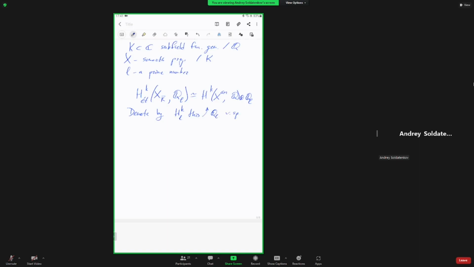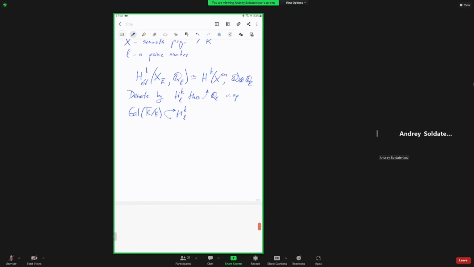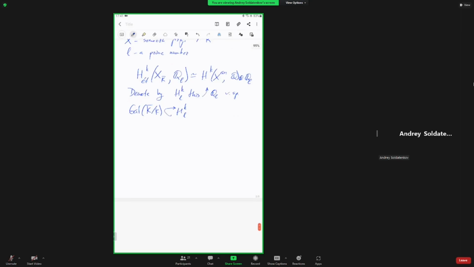Now, there are again some additional structures on this vector space. On the left-hand side, we have the Galois group action. So let's denote by rho the corresponding representation.